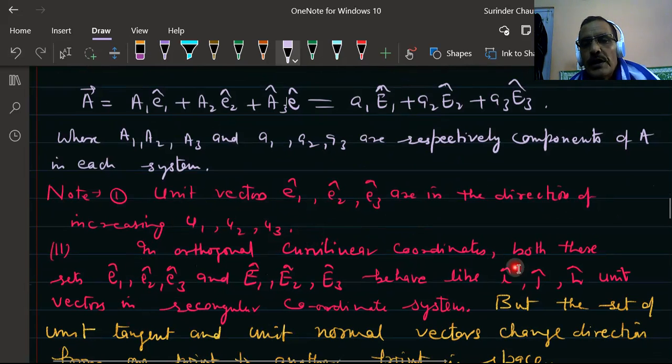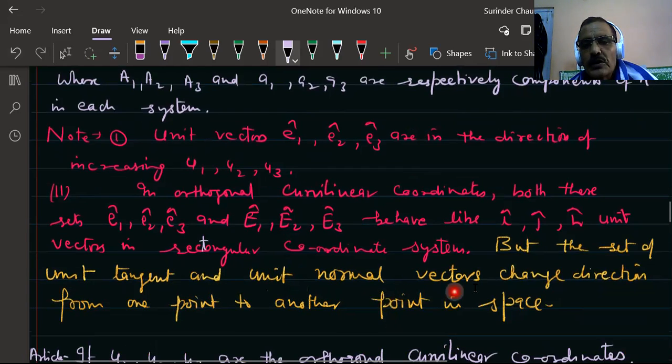In orthogonal curvilinear coordinates, both these sets, small e1, e2, e3 and capital E1, E2, E3, behave like the i, j, k unit vectors in the rectangular coordinate system.